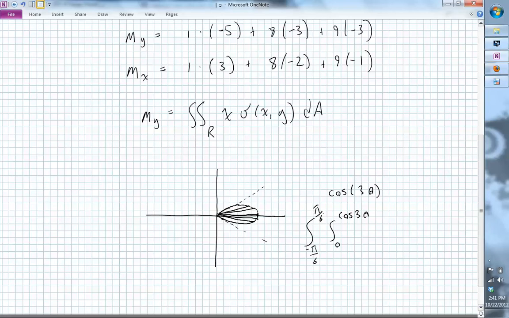Isn't it easier to do it just from 0 to pi over 6? Yeah, you could multiply it by 2, sure. And then if I'm trying to compute the area, what's the integrand? It's just 1, right? And then the dA is r d theta. Okay. Other questions?